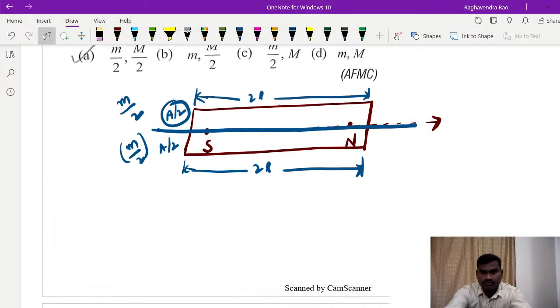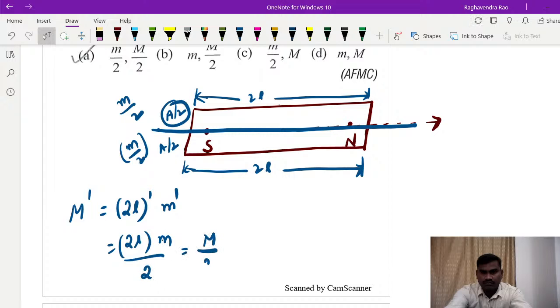Now the new magnetic moment of each part becomes m dash is equal to 2L dash into m dash. Here the new magnetic length remains the same, that is 2L, into the pole strength, which becomes m by 2. So 2L m is nothing but the original magnetic moment, divided by 2.